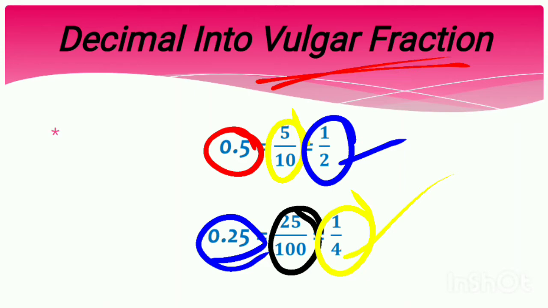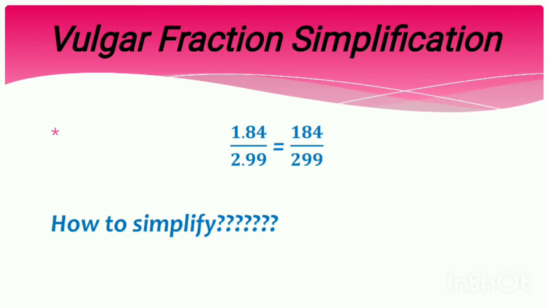Good. Let's quickly learn vulgar fraction simplification. This I'm not going to say, you are going to answer my question. Okay, if we are provided with some number like this, how to convert this? We should multiply both the numerator and denominator with some 10 to the power something, so that this decimal fraction becomes a normal number.